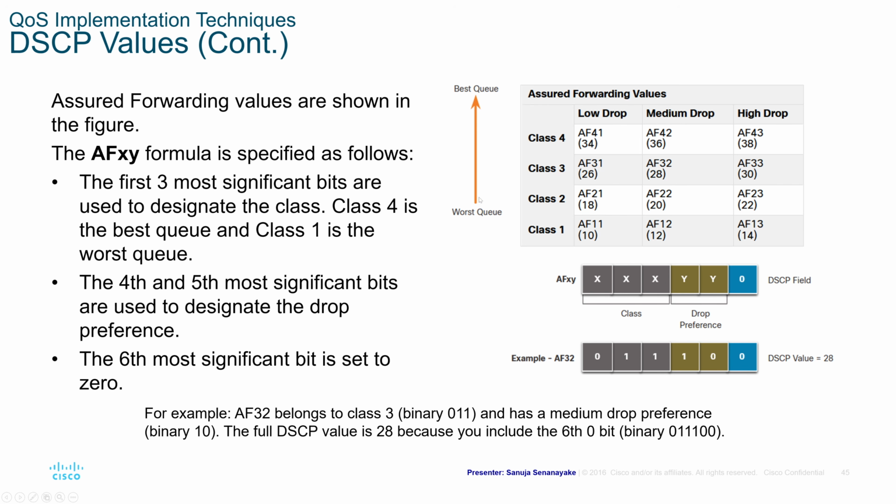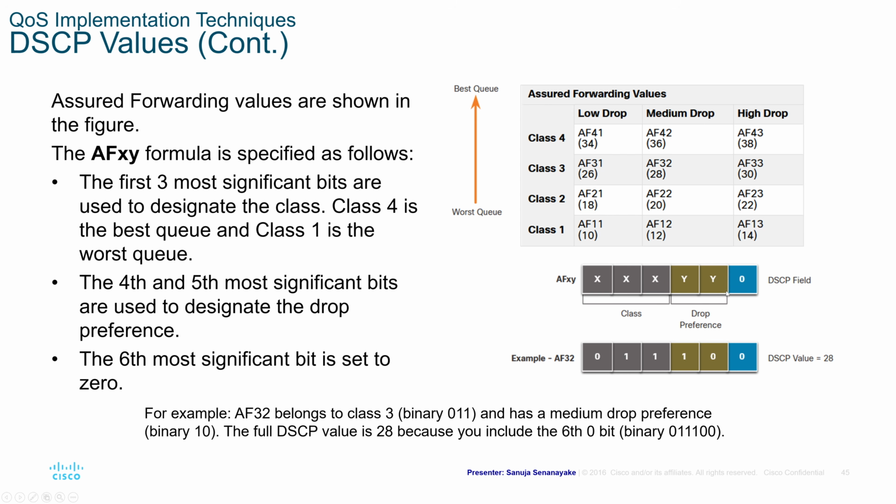So on the right hand side, you have that AFXY diagram right here. And we see the class and the drop preference and DSCP field. And for example, we have the DSCP value of AF32, and we have 0, 1, 1, 1, 0, 0, and the DSCP value is going to be 28. In this DSCP set, AF32 will have the DSCP value of 28 because of the way that it is set up.